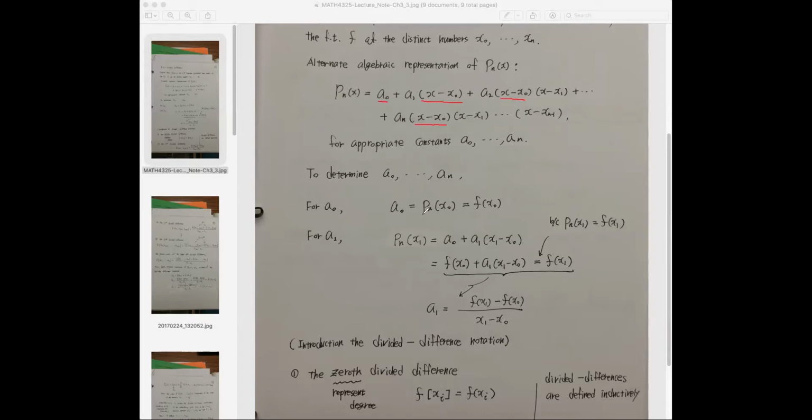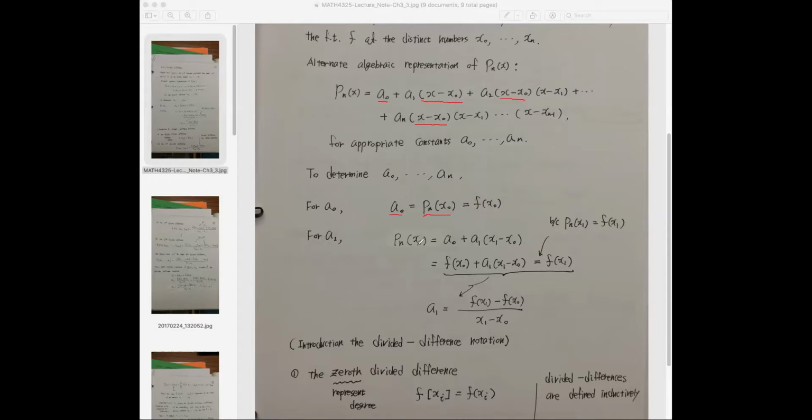So P_n of x0 is equal to a0, and that must be equal to f of x0. f of x0 is known, it is given. So we figured out a0.